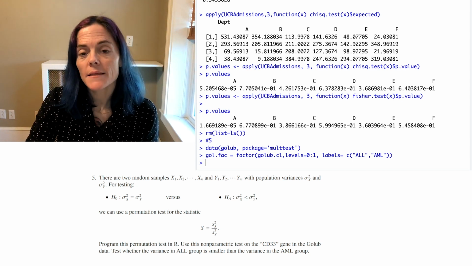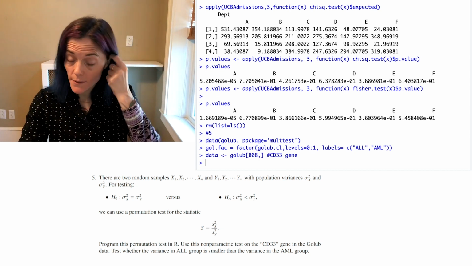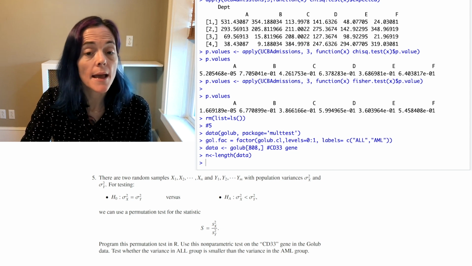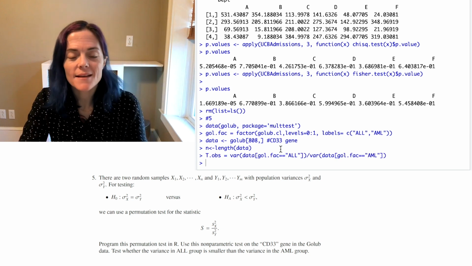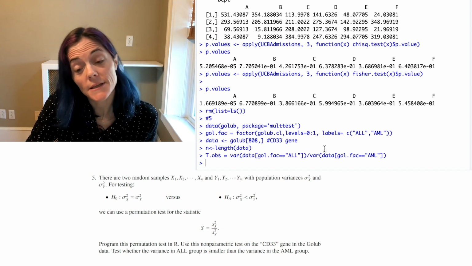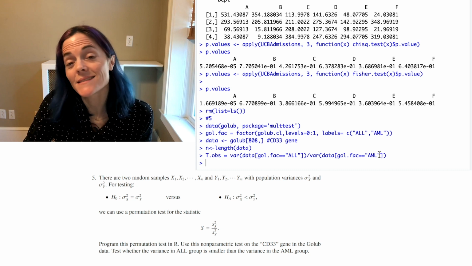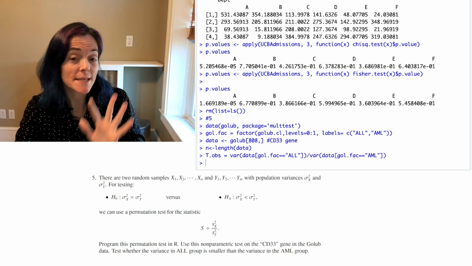And then the data is in this row 808, okay? Now, first, I can calculate my observed statistic. We take the variance coming from the ALL group divided by the variance coming from the AML group. This is sample variance.